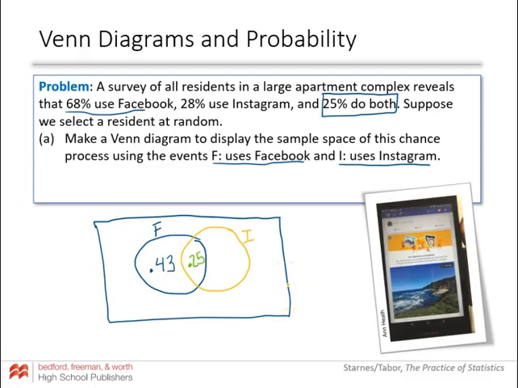My yellow circle is Instagram users. 28% use Instagram, and I already have 25 in this overlap, so all that's left out here is 0.03.